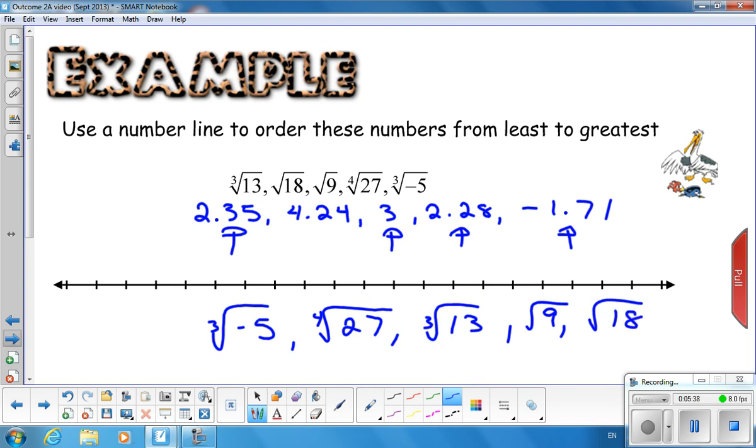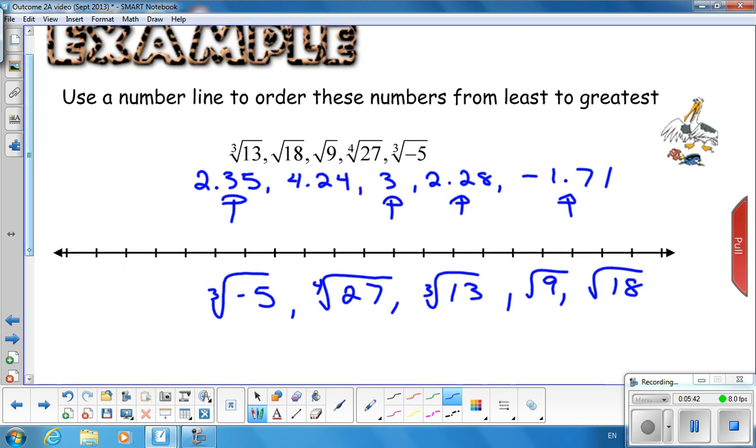We can also place those numbers on a number line, so they have to range between -2 and +4. So we'll do -2 here, and I'm going to leave some space, so make this -1, 0, 1, 2, 3, and 4. My smallest number was -1.71, so not quite -2, so this will be my first one, about here, and that was the cube root of -5.